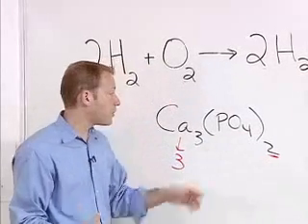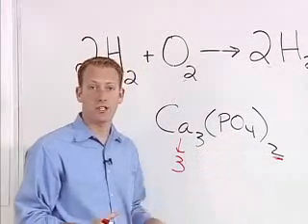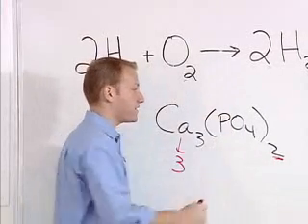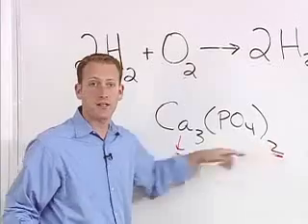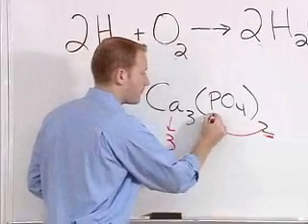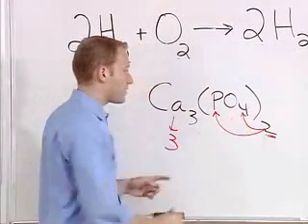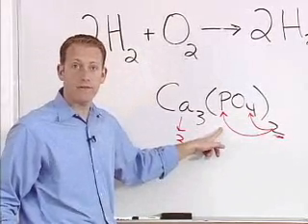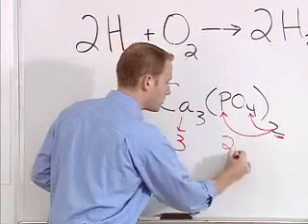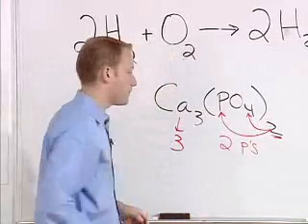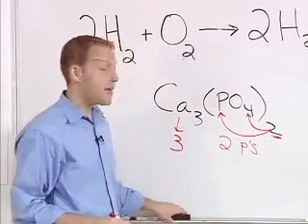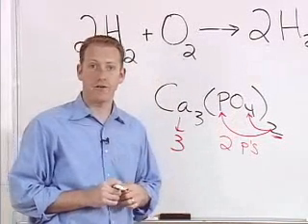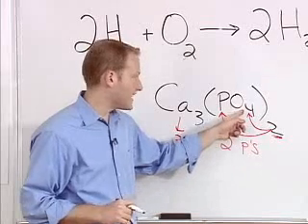But we're talking specifically about phosphorus and oxygen. Well, if you have parentheses and there's a subscript outside, it goes to both of them inside. So how many total phosphorus do you have? You have 2 P's. How many total oxygens do you have? Well, you have 4 in each phosphate.